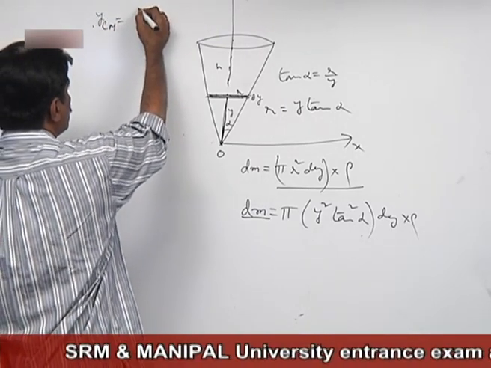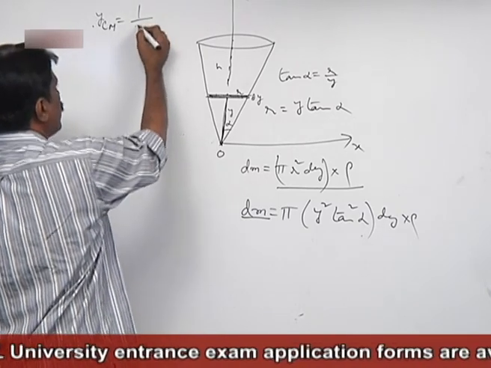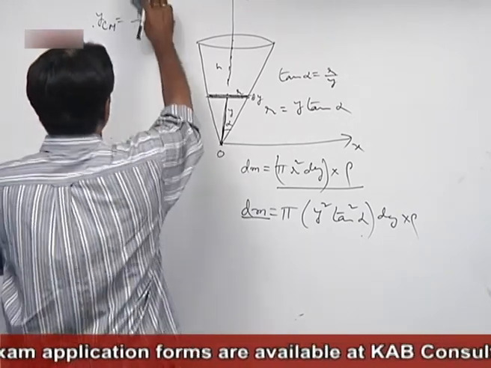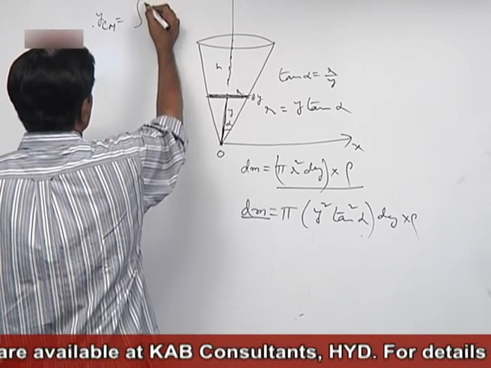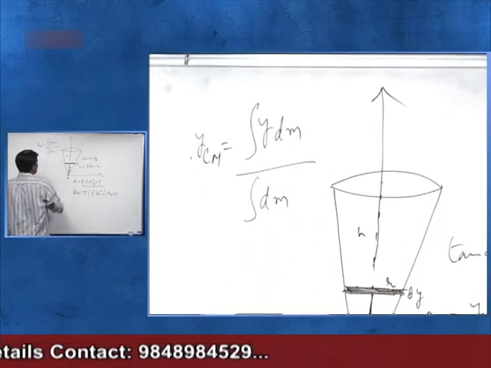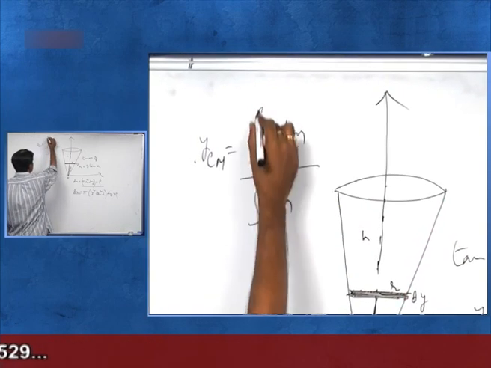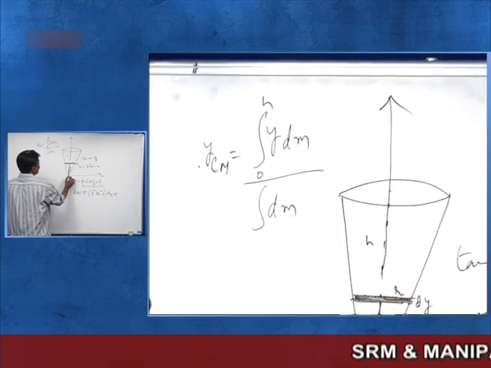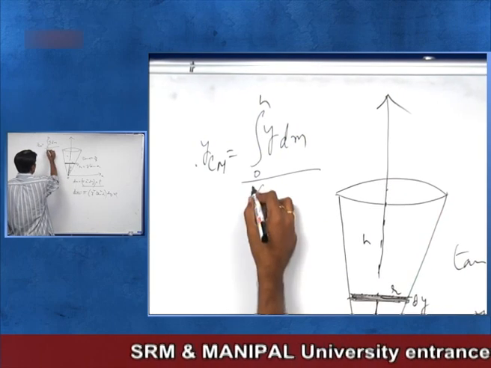Ycm is equal to 1 by M, we can use this relation, integral y dm by integral dm. Limits of y are from 0 to h here. Y is extending from here to here, no? So, 0 to h.